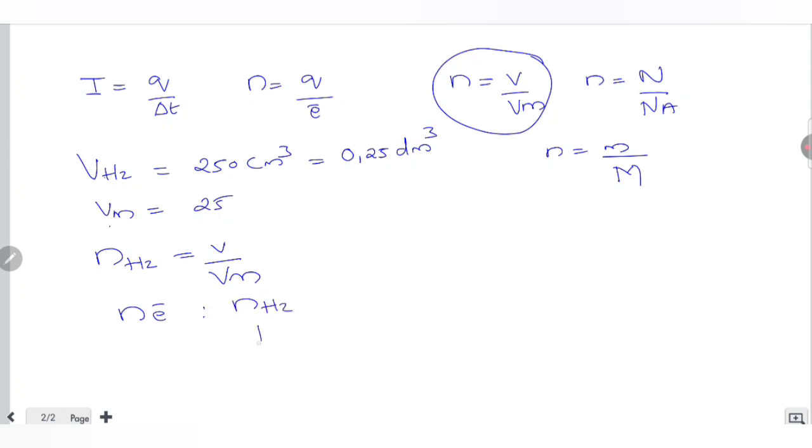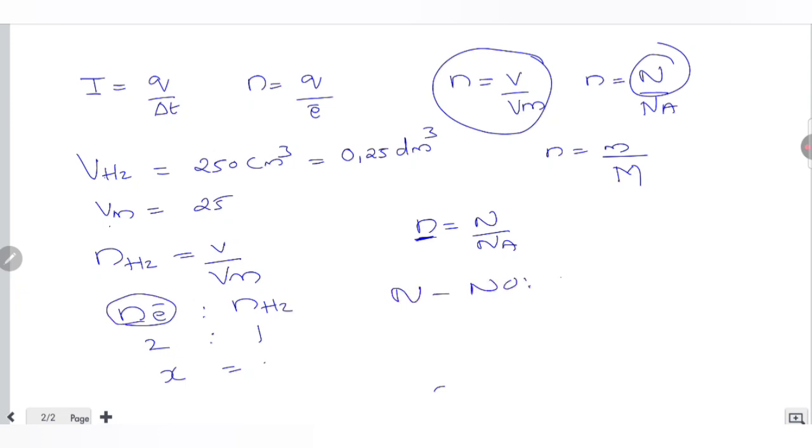Okay, so I said 1:2. So you will get what? Number of moles of electrons. Once we get number of moles of electrons, then you will calculate the number of electrons transferred using N is equal to n over Na. So this n is the number of moles of electrons. Then capital N represents what? Number of electrons. So if they are looking for number of electrons, we can stop here.